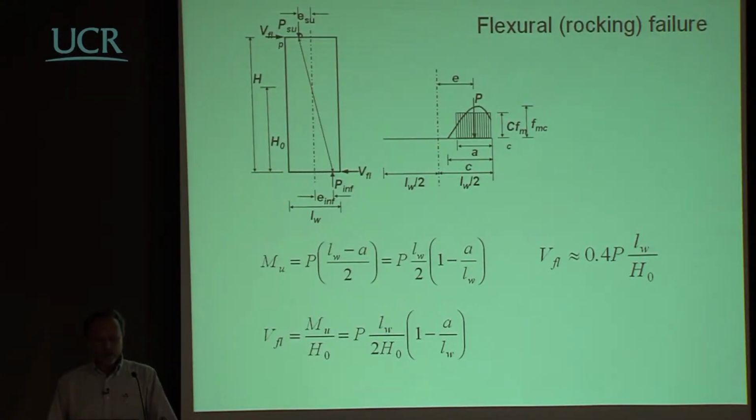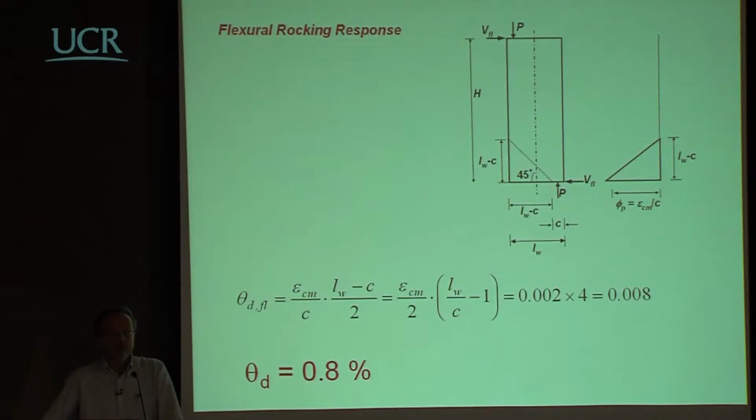Now, let's go one step ahead and try to guess what the displacement capacity of a wall of this sort will be. If you want to look at this problem, you may again make some simplifying assumptions and imagine that you have a certain angle of the separation cracking when you're pushing in this direction, and of course the opposite is happening when you're pushing in the other direction, so that you will try to guess the curvature diagram in this part here, which you could consider somehow the equivalent of a plastic hinge.